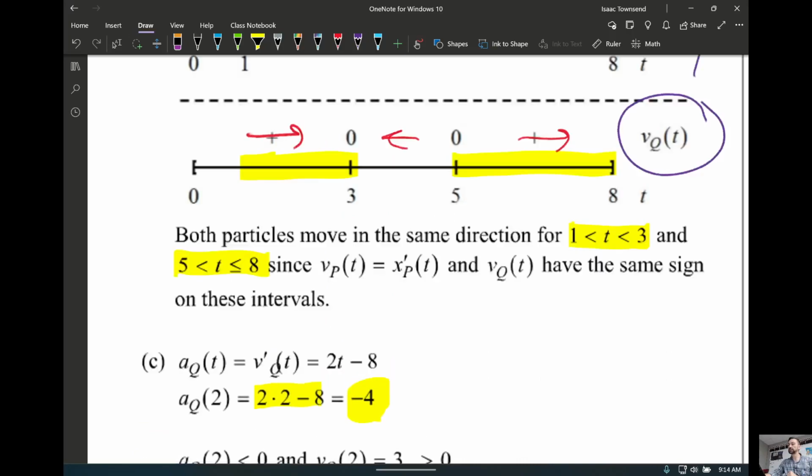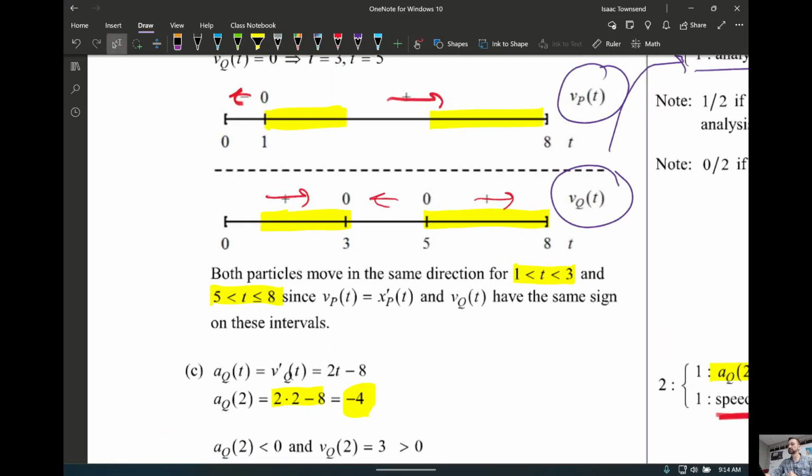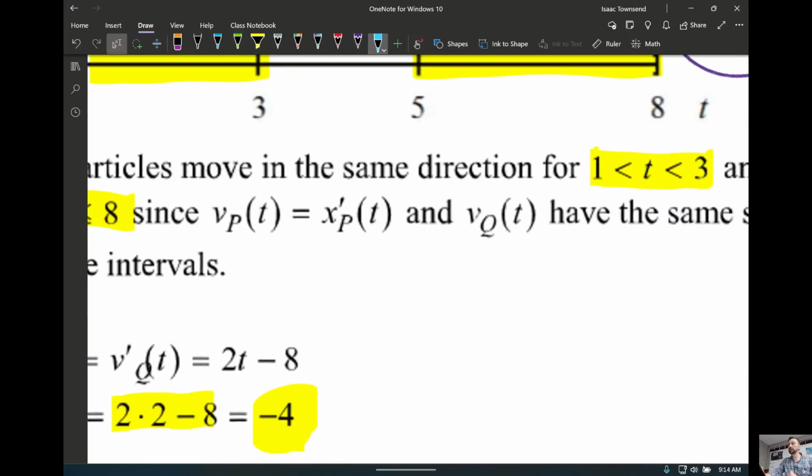If you're talking about the position of P, call it x of P. If you're talking about the velocity of Q, do V sub Q. And then this P and this Q help you remember which one you're talking about. Keep those straight. I think those of you that take physics have to do a lot more of that subscript type stuff, so that's not as hard for y'all.